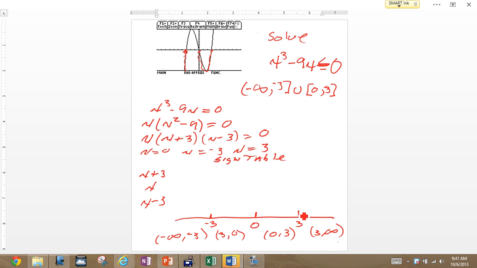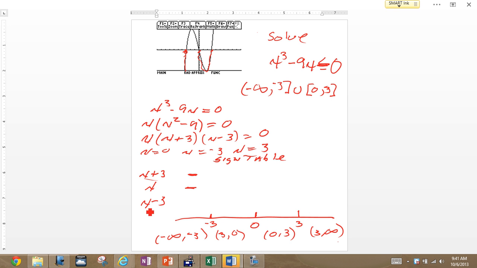So we simply take a test value within each interval. It's a wide interval from negative infinity to negative 3, so why not choose negative 4? Negative 4 plus 3 is negative. What about x? Negative 4 goes in, that's certainly negative.